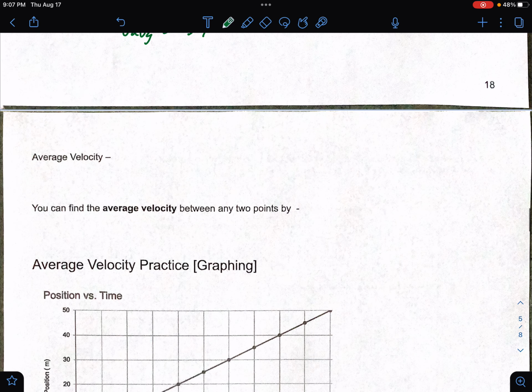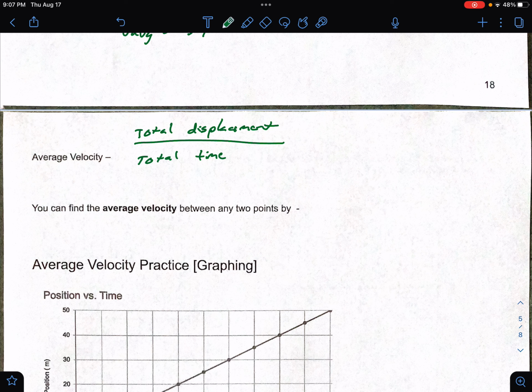When we actually start finding average velocity through calculation, we'll be dealing with total displacement: we add up all our displacements and divide by our total time. We'll get to more calculation later, so for now we're keeping to the graphing.